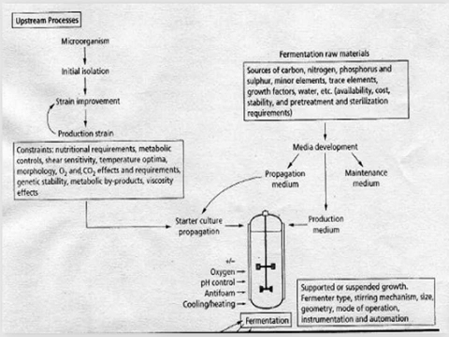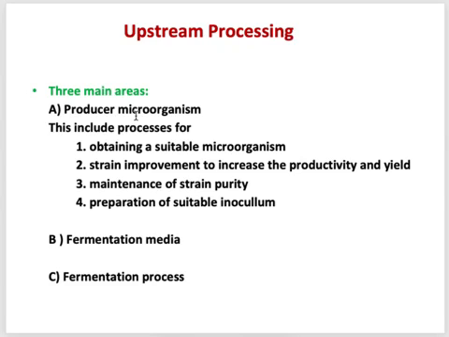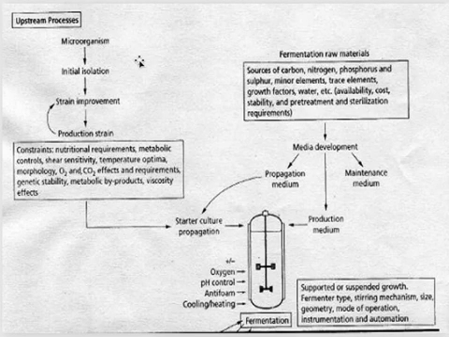This figure is kind of a summary photo which shows all the steps or procedures which are part of the upstream processes. If you first think about the microorganisms, we already talked about it in this slide. We have to isolate our strain, then do the improvement, and after improvement we get our strain.